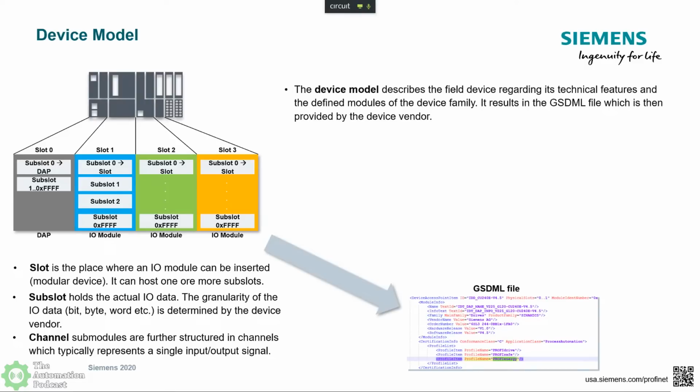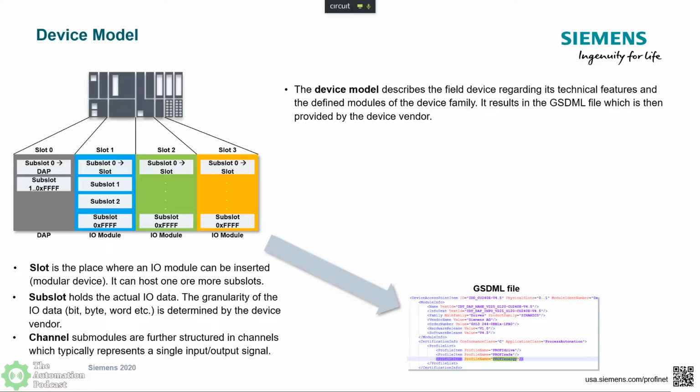So you can see here the GSDML file. This GSDML file is actually the device description file where technical features and expansion possibilities with modules are described by the device model, and the device vendor usually provides this information of its devices or device family in the device description file, which is called a GSDML file. What does GSDML stand for?